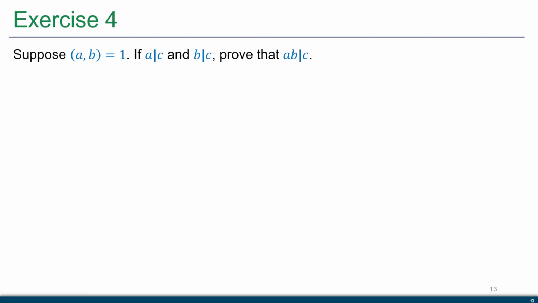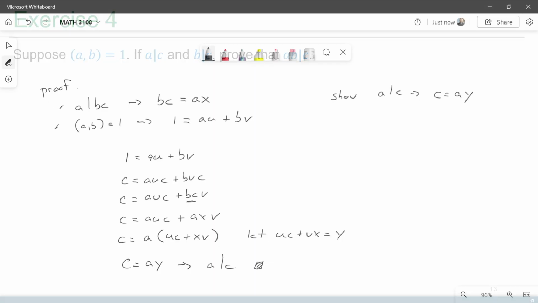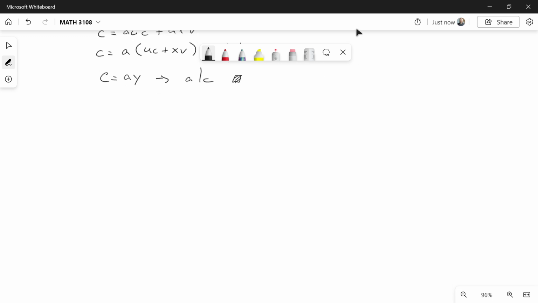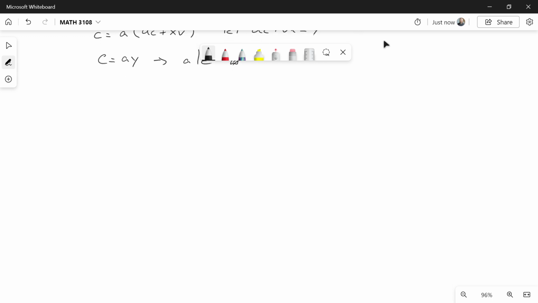So suppose, in this case, that the greatest common divisor of a and b is 1. Now, if a divides c and b divides c, we want to prove that the product of a and b also divides c. To prove this one, we're using the same techniques that we did beforehand.